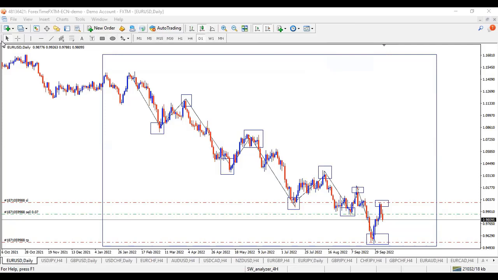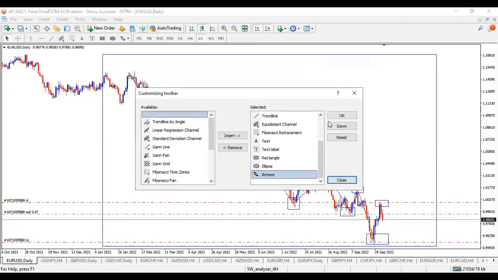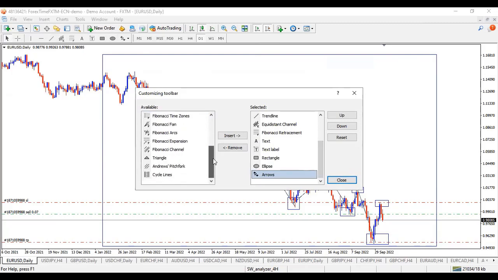So at the end of the toolbar, there are a series of lines, sort of like a menu. So right click on it and then select customize. Once you select customize, you will see a number of tools in here.